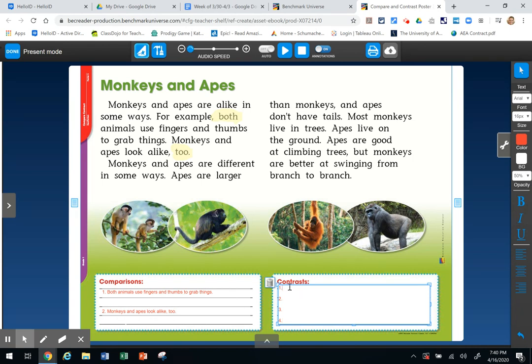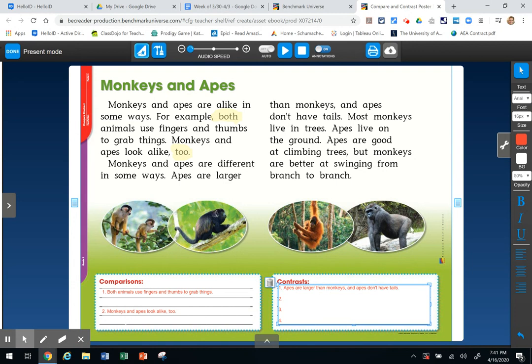Okay, so he's first talking about apes. So apes are larger. And if you look at the picture, you can tell that. Look at this ape compared to this monkey. This ape is a lot larger than monkeys, and apes don't have tails.